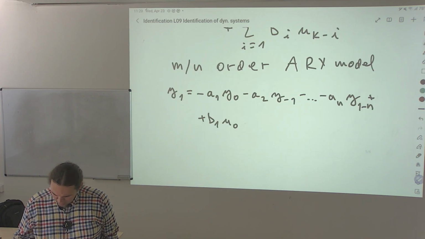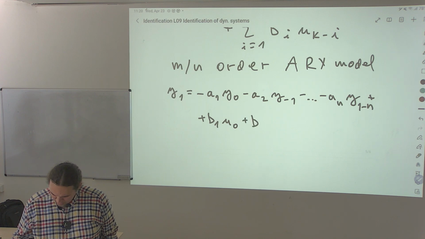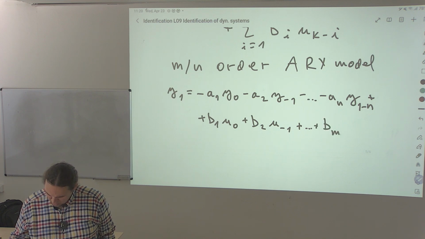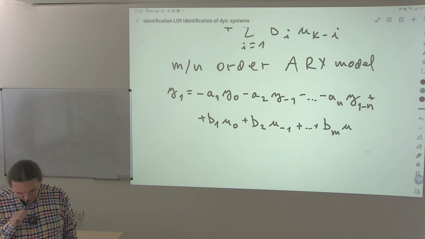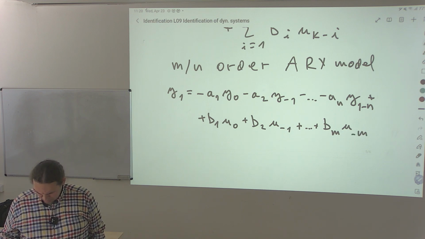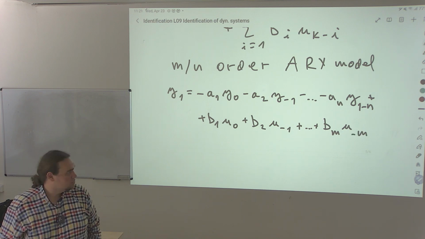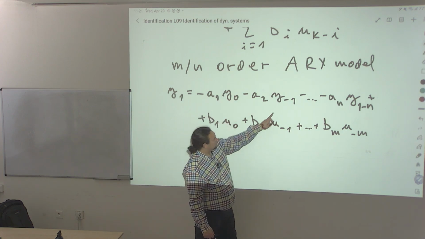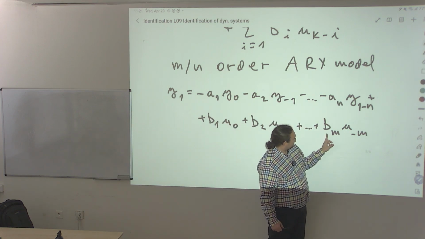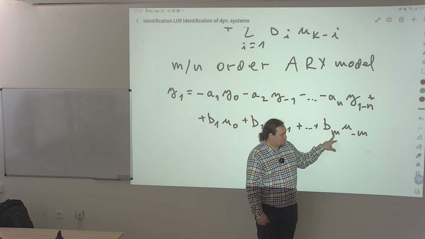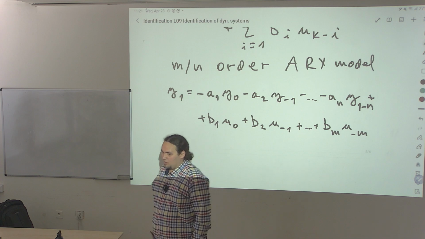B1 U0 plus B2 U minus 1 plus BM U minus M? No, 1 minus M, right? Oh, the same thing. 0, 0, minus 1, and at the end coefficient we have 1 minus n. At the M coefficient we have 1 minus m.